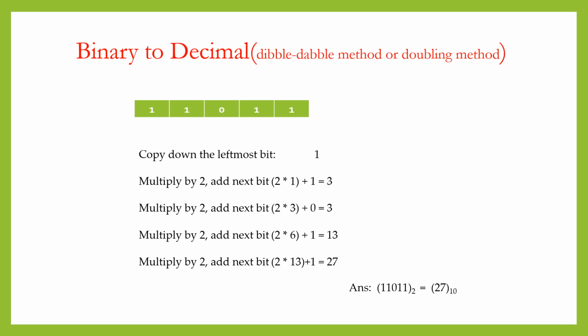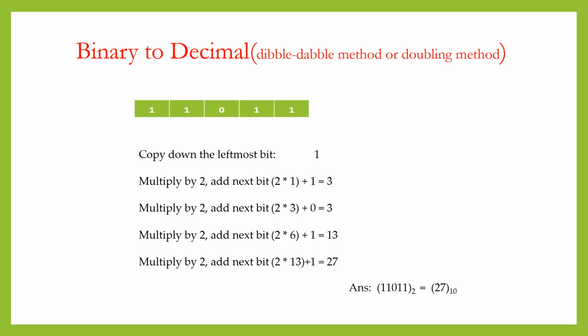We have to convert this binary number into a decimal number. For that, we take the leftmost digit, that is 1, multiply it by 2 and add the next bit, 1, which is equal to 3. Now multiply this result 3 by 2 and add the next bit 0. It is equal to 6.